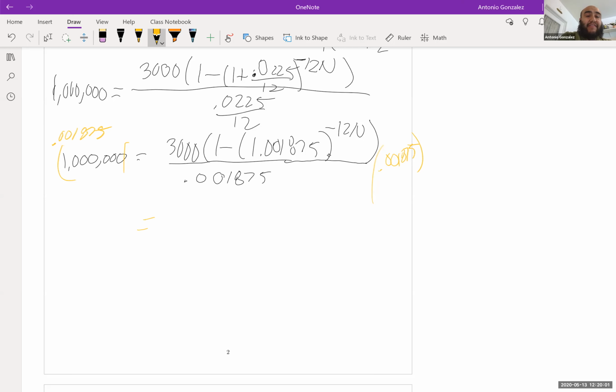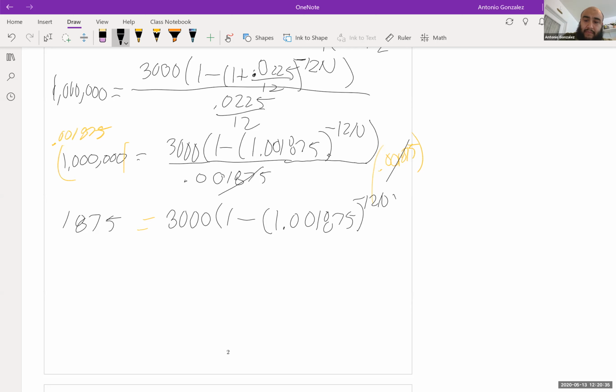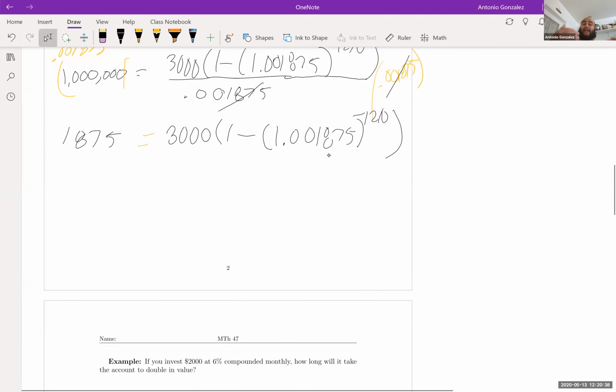And on the left-hand side, we'll get $1 million times 0.001875. And that leaves me with 1875. And on this side, this reduces to 1, right? And we're simply left with 3,000 times negative 12.